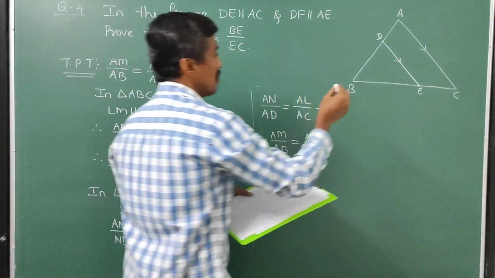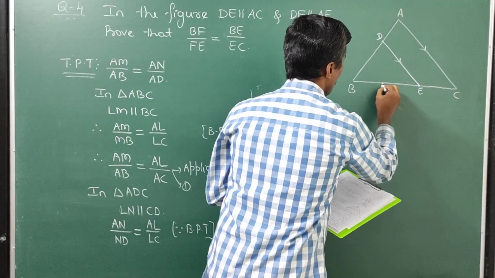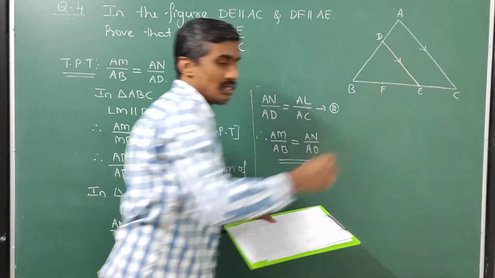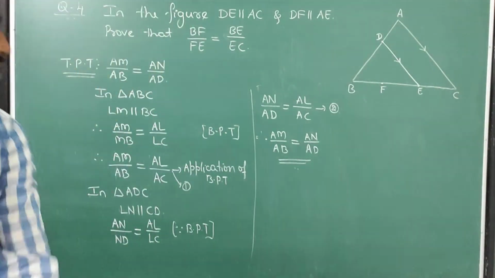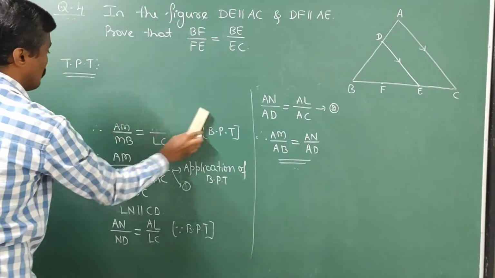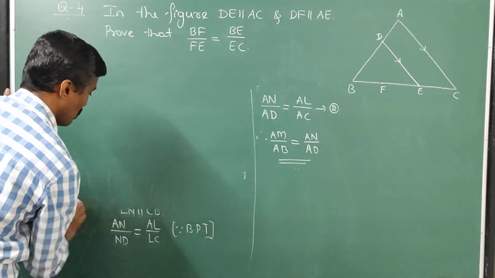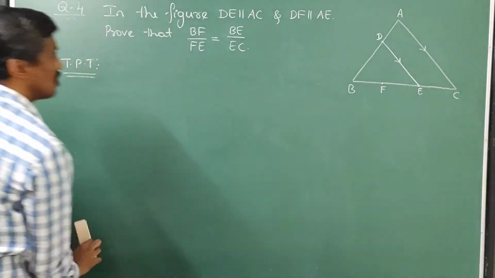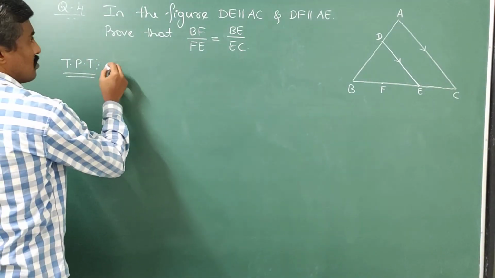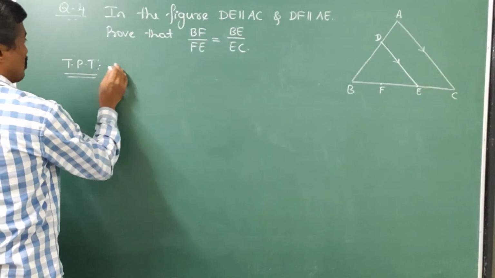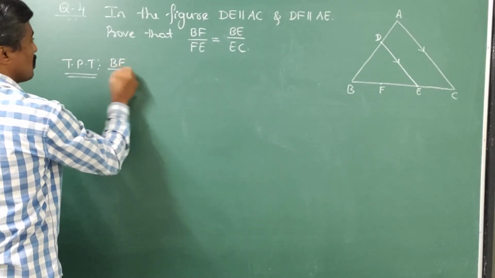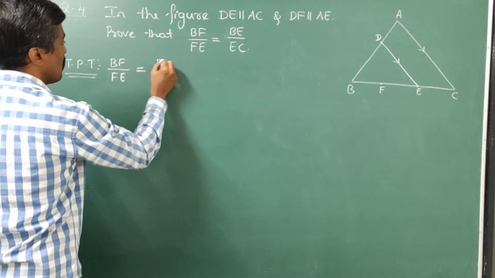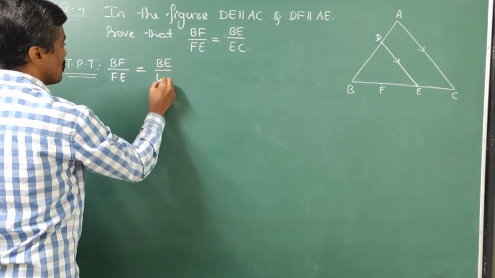One more point is there, the point F. Let me first talk about DE parallel to AC in the triangle, to prove that BF divided by FE is equal to BE divided by EC.